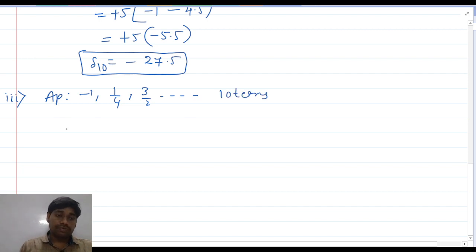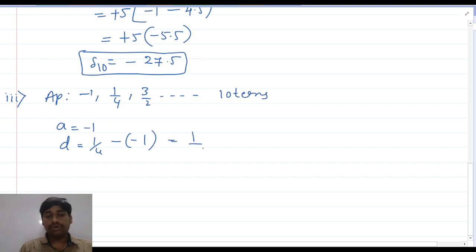So here first term is minus 1, common difference is 1 by 4 minus of minus 1, 1 by 4 plus 1. So LCM is nothing but 4. 4 in 4 1 times 1 plus 1 is 4 times 4 into 1 is 4.